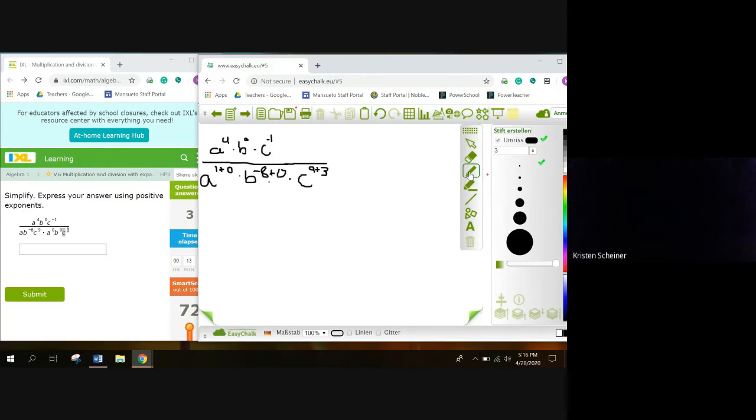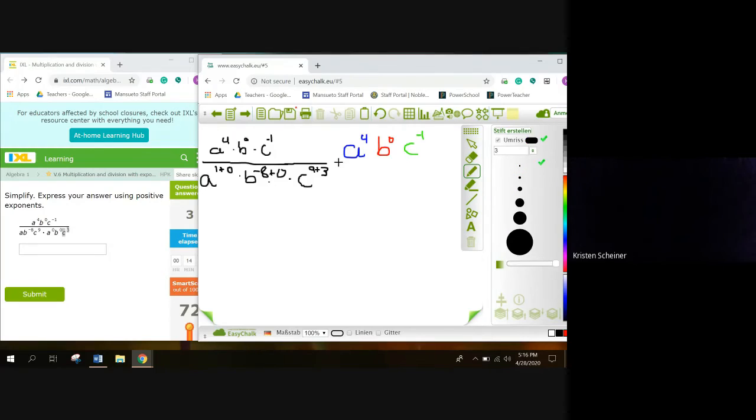I'm going to go ahead at this point and color code my letters. I have A to the 4th, B to the 0th power, and C to the negative 1.